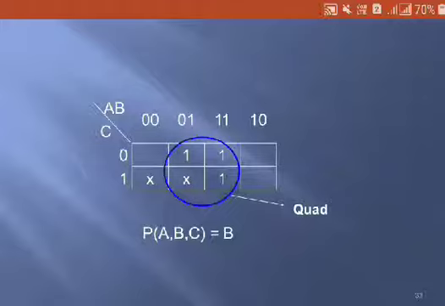You can directly take the input B as the output for this function. So the output function is equal to the B input itself. That means you can reduce the number of logic gates by considering don't care as 1 in this case.